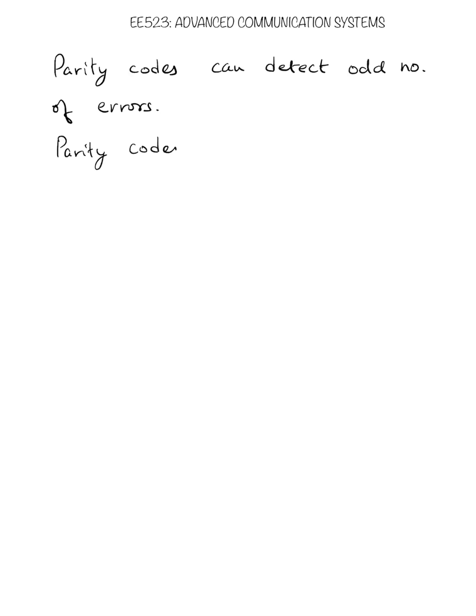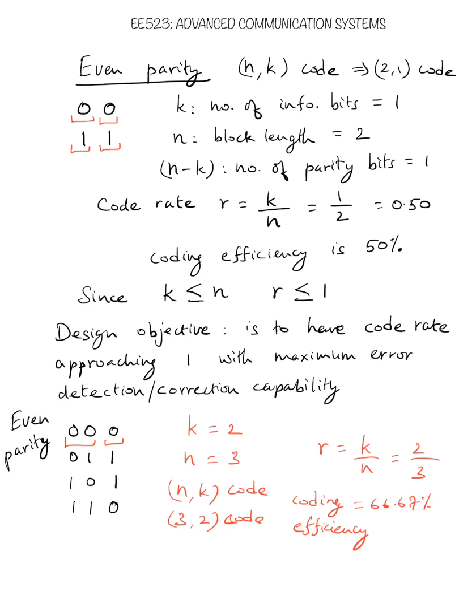Parity codes cannot detect an even number of errors. So let's have a quick example. Let me take one particular code word. I'll take the second code word here, 0, 1, 1, and we know that we created this code word using even parity.